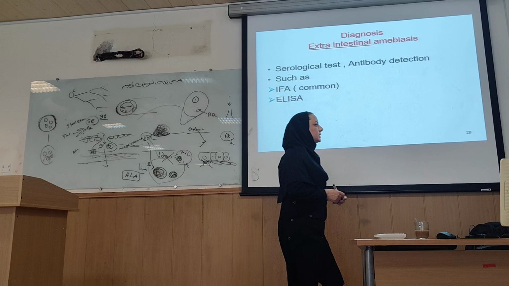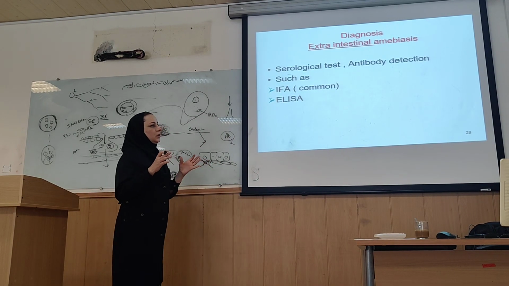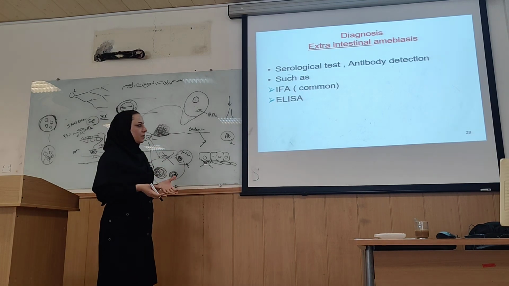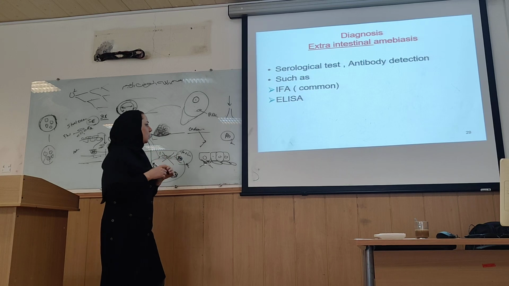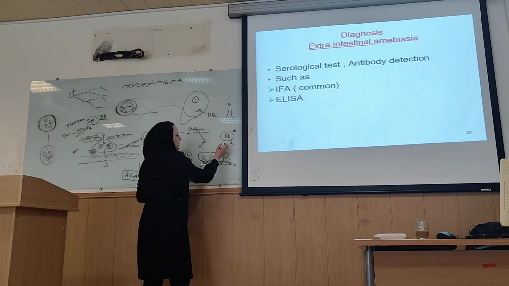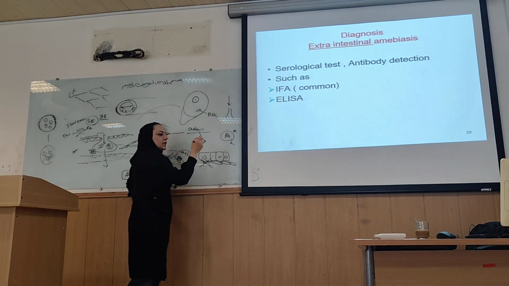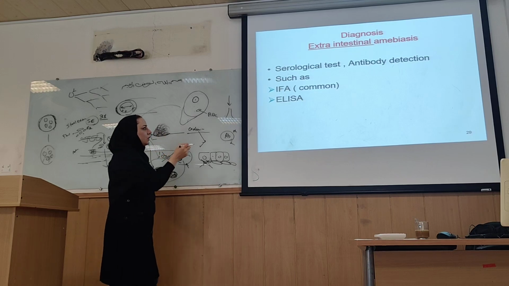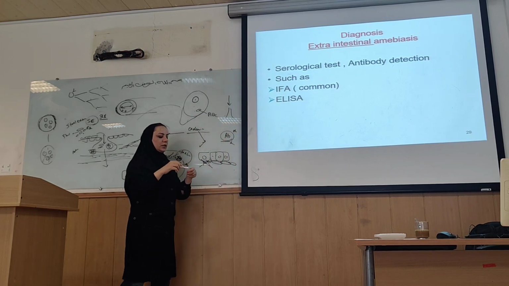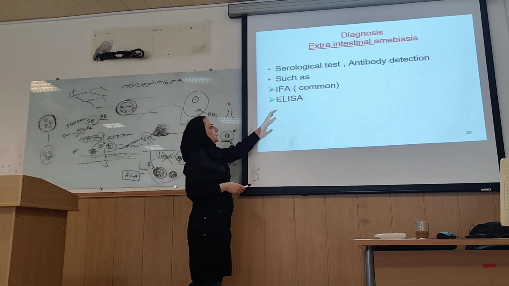About the extraintestinal amoebiasis, in extraintestinal amoebiasis, histolytica comes to the liver and produces, for example, liver abscesses. The gold standard for extraintestinal amoebiasis is detection of the antibody against Entamoeba histolytica. So the gold standard is antibody detection or serological tests, such as IFA and ELISA.